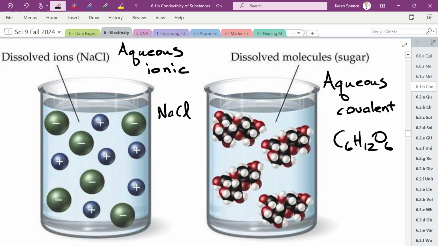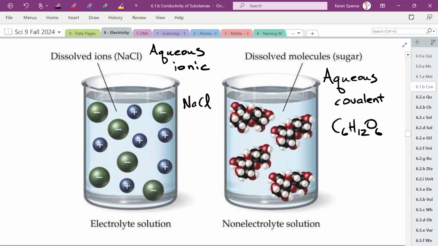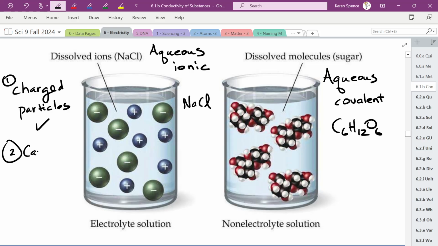NaCl. Over on our left, do we have charged particles? Yes. Can they move? Yes.